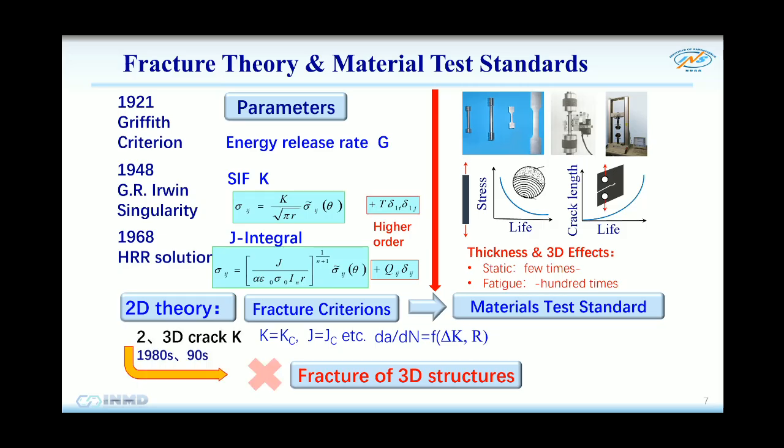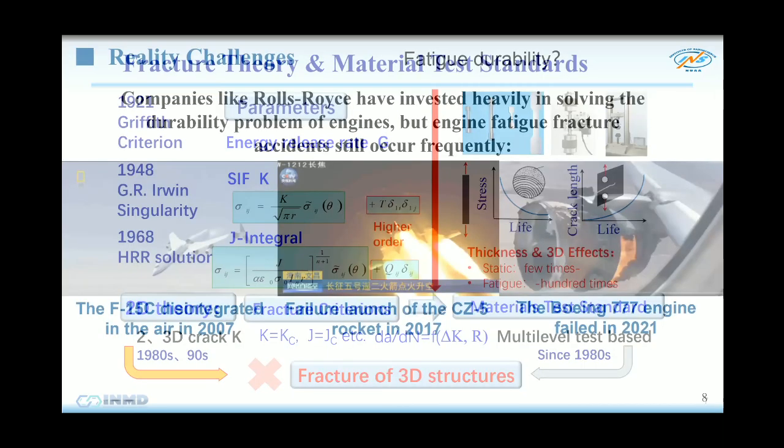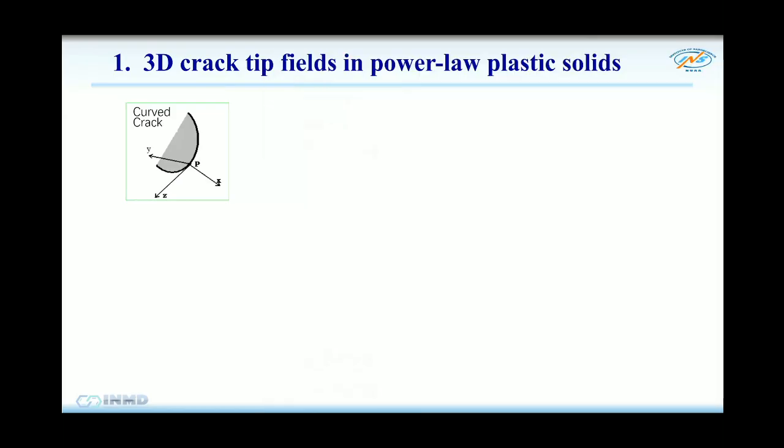The theory is difficult to obtain. Till now, not only engines, but also airplanes from Boeing, even the new Chinese company, are based on multi-layer material tests. This is one layer of analysis, completely based on tests. This is not economical, and this is the situation.